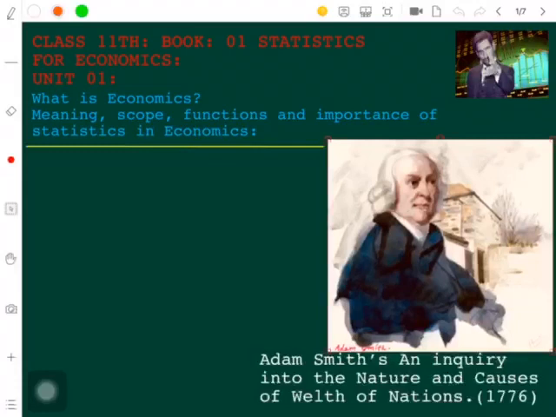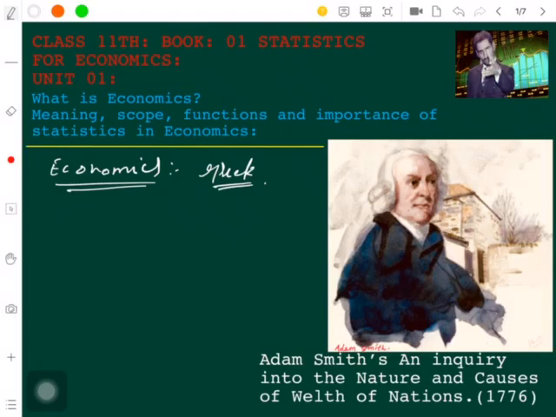In the Greek language, the term economics is derived from 2 words, where it is the amalgam, the mixture of 2 words.